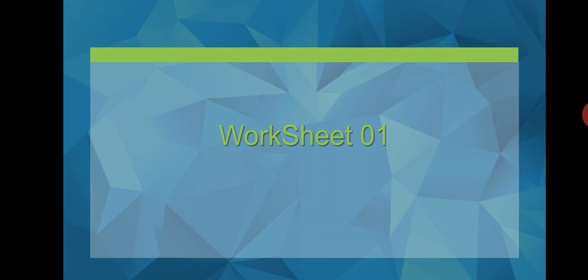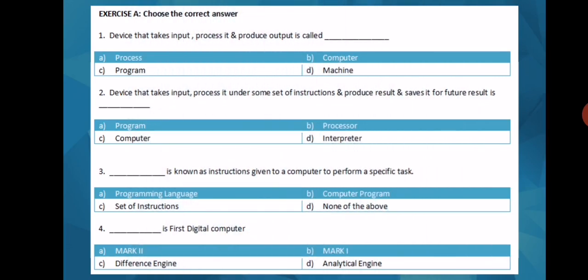Dear students, in this lecture number 1, you have to complete worksheet number 1. In exercise A, you have to choose the correct answer. Number 1, a device that takes input, processes it, and produces output is called dash. You have to fill this blank with an appropriate answer. Number 2, a device that takes input, processes it under some set of instructions, produces a result, and saves it for future use is called dash.